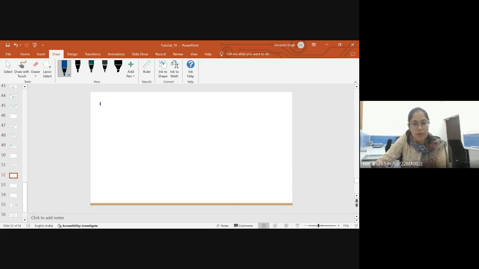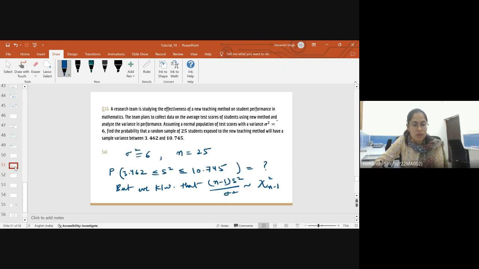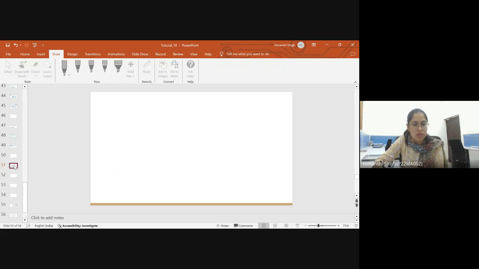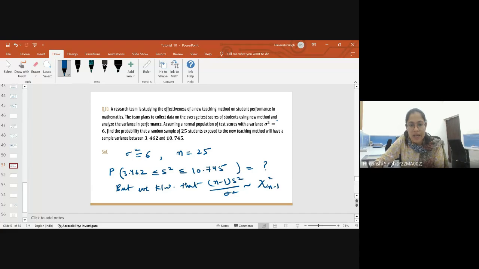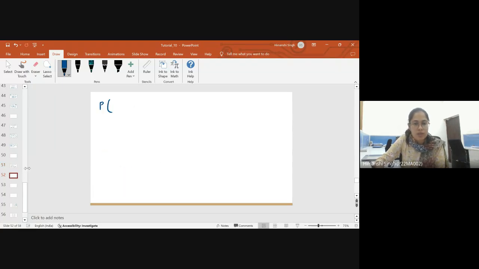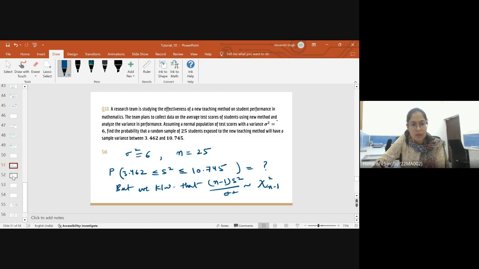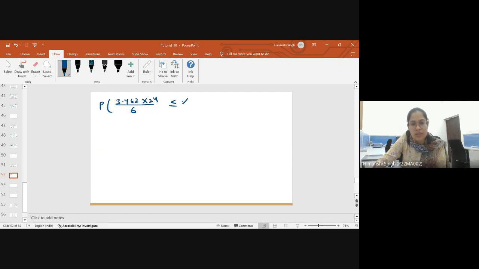We multiply by n minus 1, which is 24, and divide by 6. So this is 3.462 into 24 divided by 6 is less than or equal to chi square with 24 degrees of freedom.